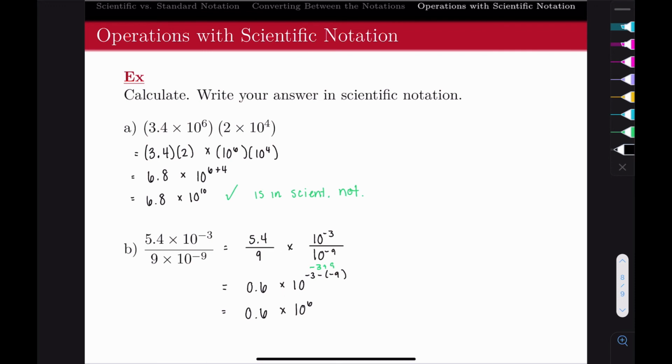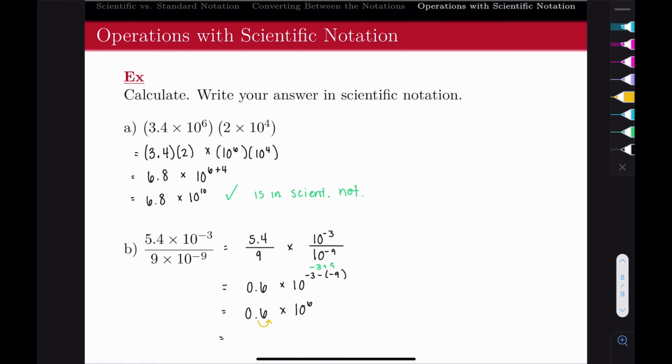And this is where we have a bit of a problem, because this decimal is not after the first non-zero number. So really I need to move this to make it so that it works. What I really want to do is move this decimal 1 place here. So you have a couple different ways you can go about this.